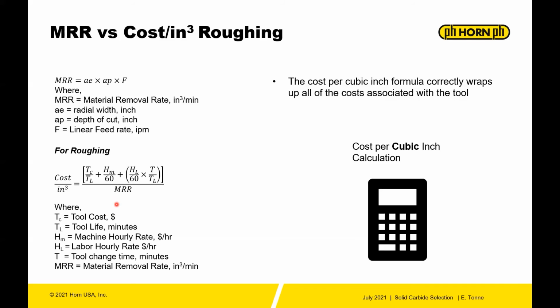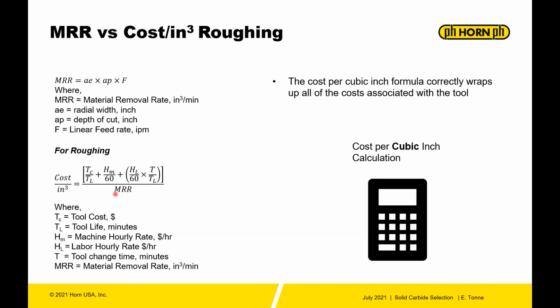So if you have a lot of tool change time, but you have a high MRR, so the tool can rough out a lot of material very quickly, then your cost per cubic inch comes down.